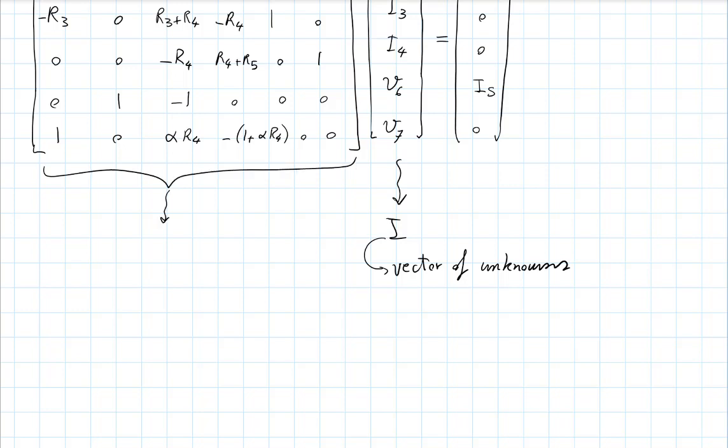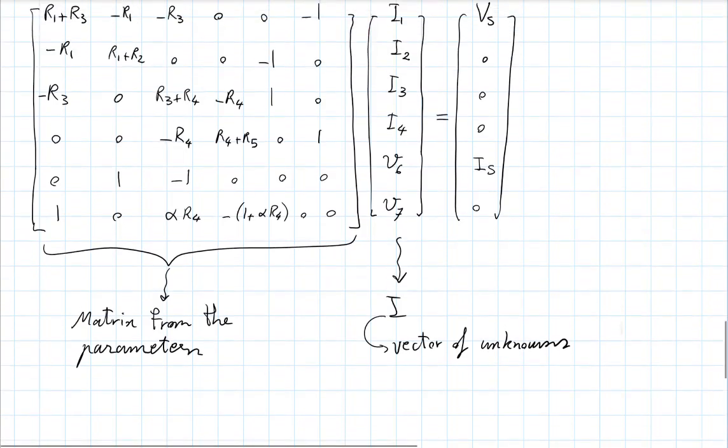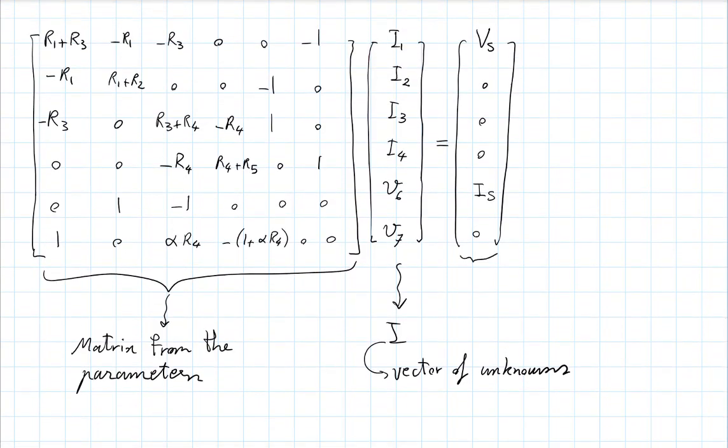This is the matrix of parameters, so let's call this maybe A. And this, let's call it the vector due to sources.